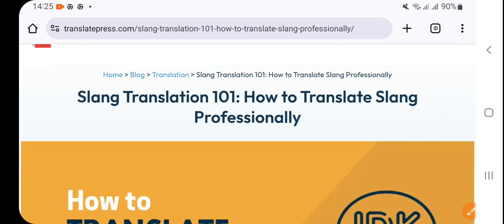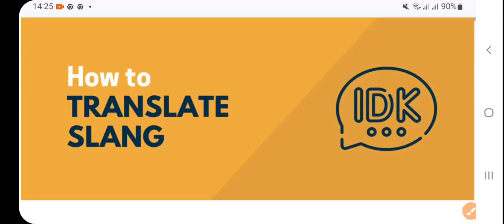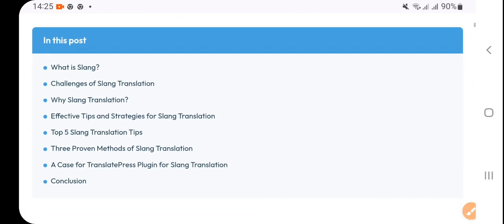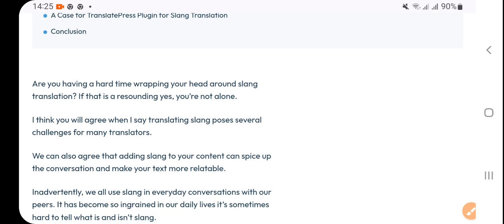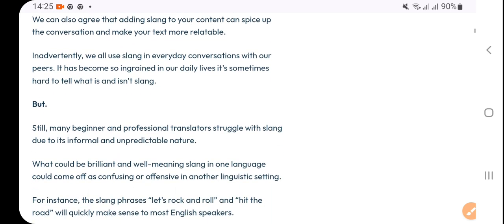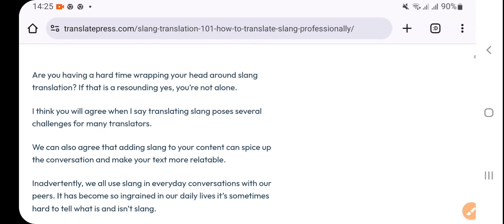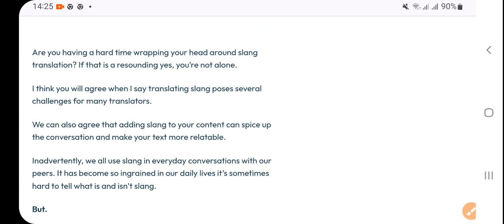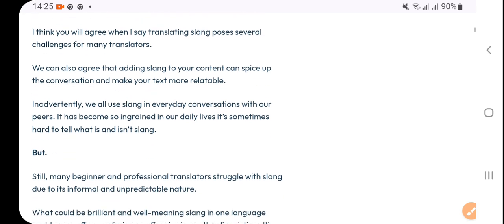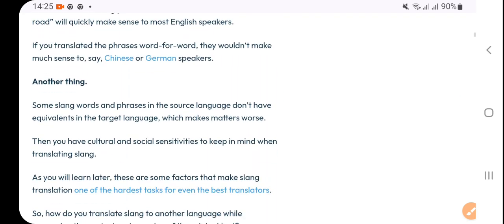This is a 101 on slang, how to translate slang professionally. So let us see, in a very short way, we will try to understand what slang is. Are you having a hard time wrapping your head around slang translation? So that's slang, right?